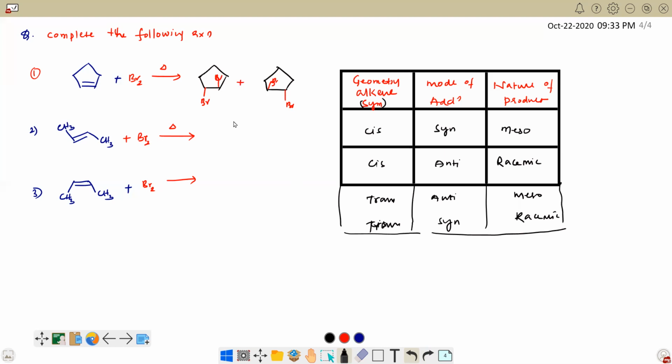So meso means simply you can write here CH3, here CH3, now H, Br, and this is H, and this is Br. And it is racemic mixture. So active compounds, enantiomers we will get here.